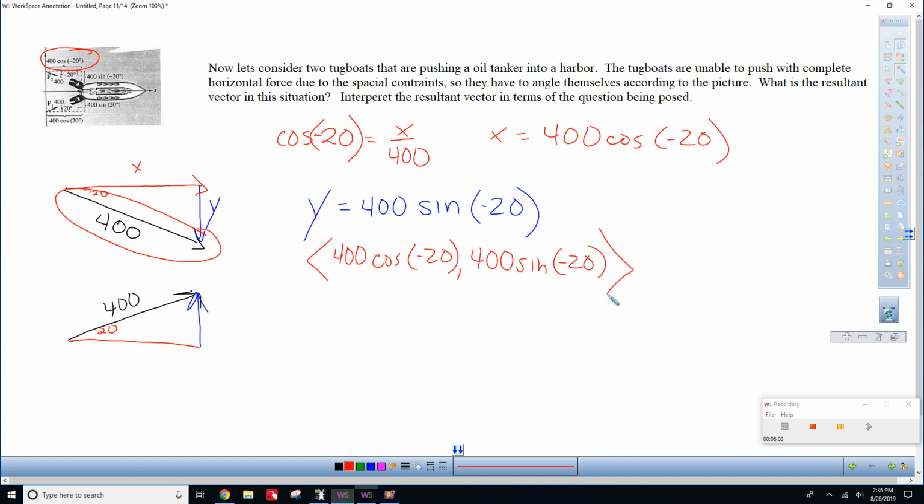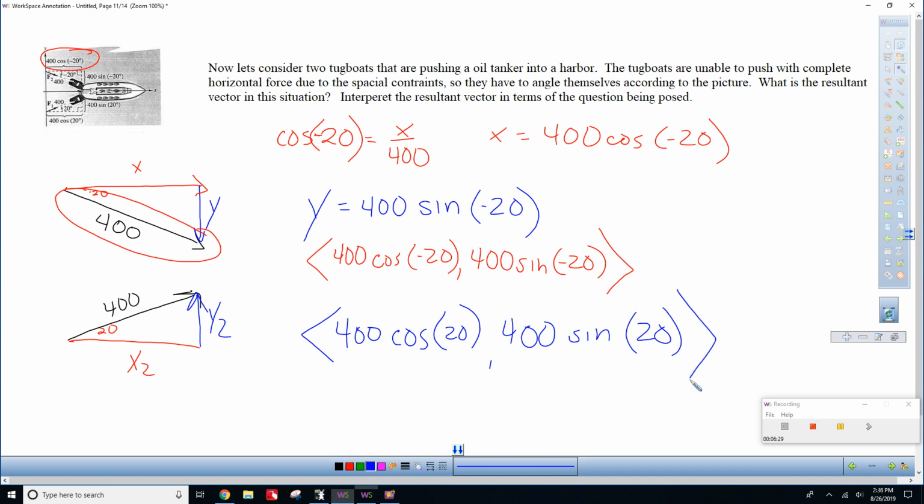And then we can break up x2 and y2 by just calling it <400 cos(20), 400 sin(20)>. Now, we want to know what is the resultant vector in this situation.